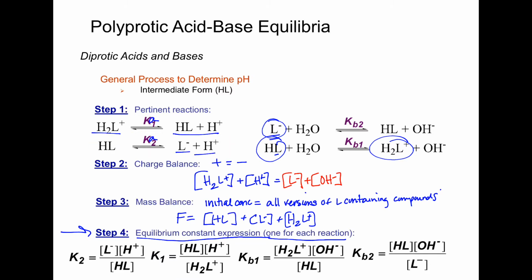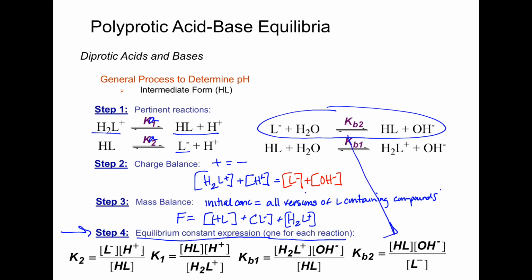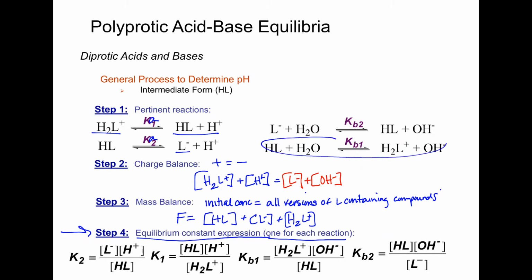If you do the products divided by the reactants, you would get that equation. And then if you did similar things for the basic reactions, we have this guy right here and this one right here. So it doesn't matter what order you write them in, we just need one equilibrium expression for each one of our reactions.